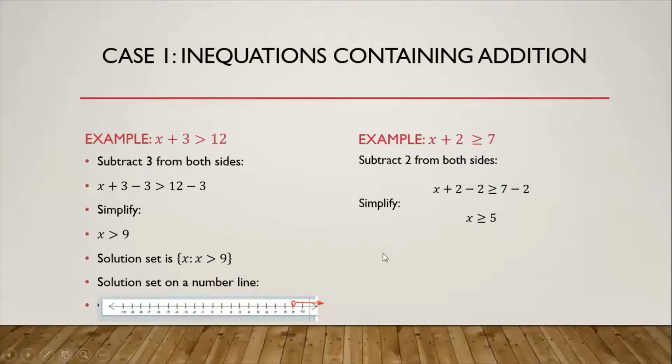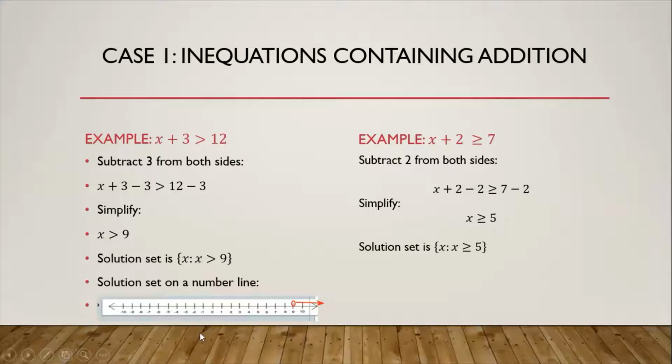When you simplify, what you will end up with is just x is greater than or equal to 5. Now, we can also represent this solution using a solution set. This is the set of all x's such that x is greater than or equal to 5.